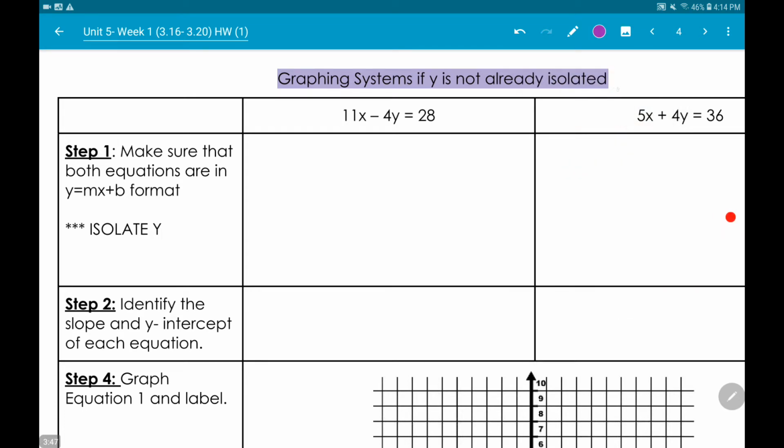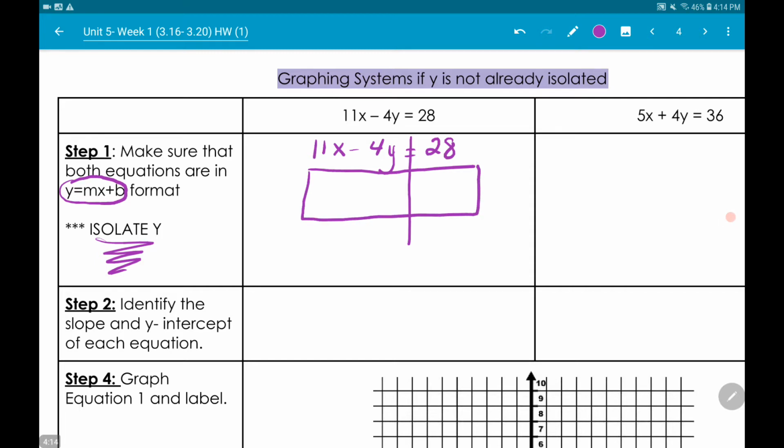So again, step number 1 now is make sure both of them are in the y equals mx plus b format. So we need to isolate y. So let me just bring down the equation into the box so I know what I'm working with. Again, I'm going to go ahead and create the solving square. Okay. Y here. Everything else.